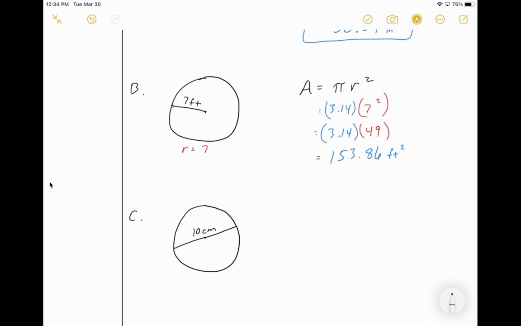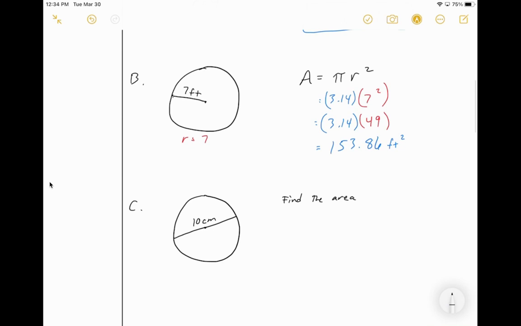All right. Can you find the area of this shape? Got to be careful on this one. Remember what the formula says.